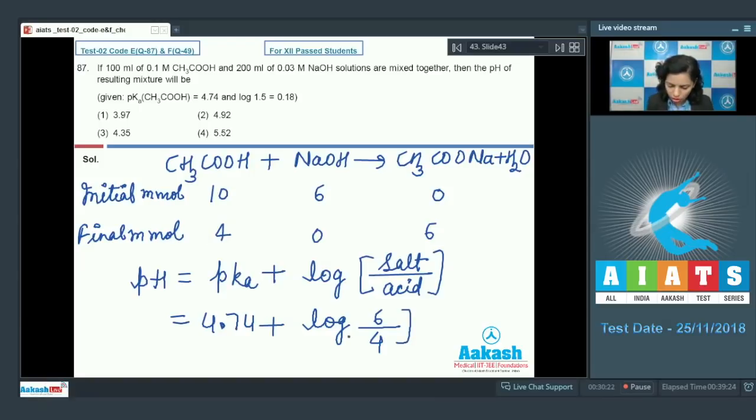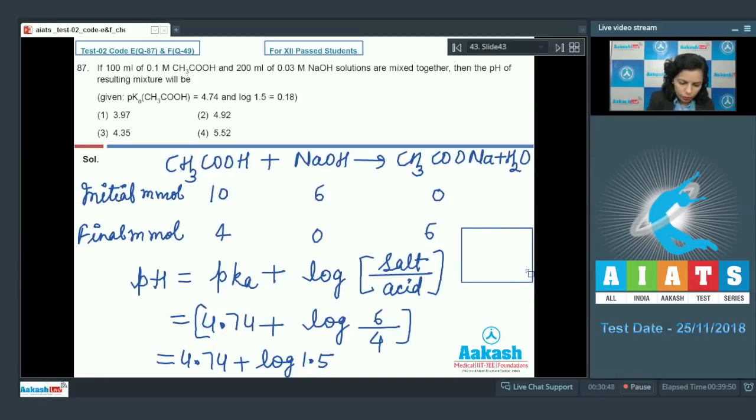So this would be equal to 4.74 plus log 1.5, and the value of log 1.5 is already given in the question. So the pH value that you can calculate here is equal to 4.74 and the value of log 1.5, that is 0.18.